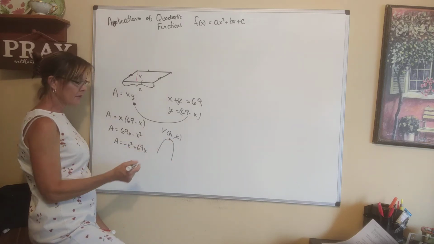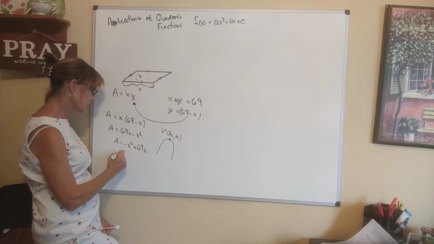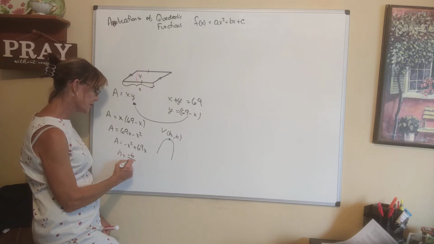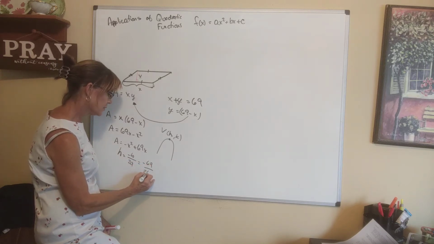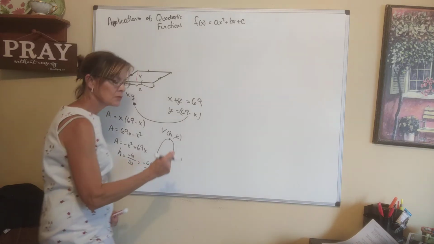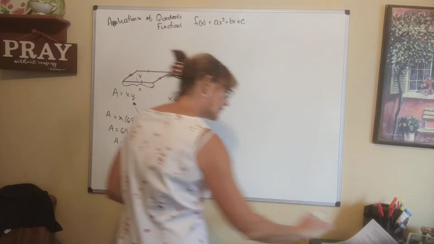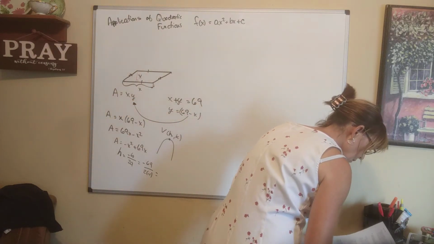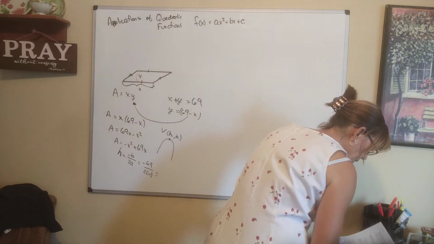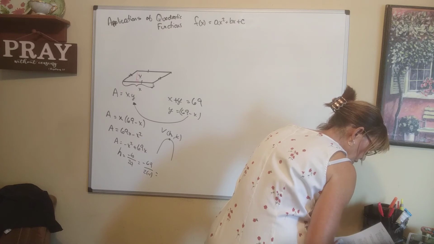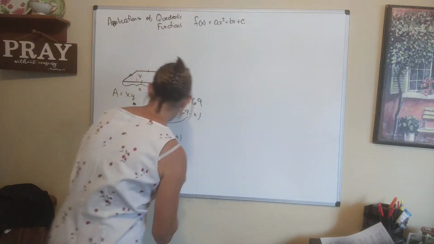All right, well, how can I figure that out? Well, H is equal to negative B over 2A, right? So this is going to be negative 69 over 2 times negative 1. So 69 divided by 2 gives me 34.5.